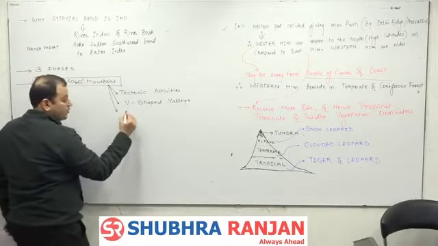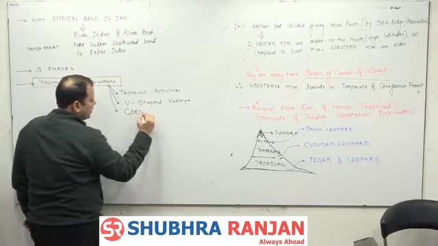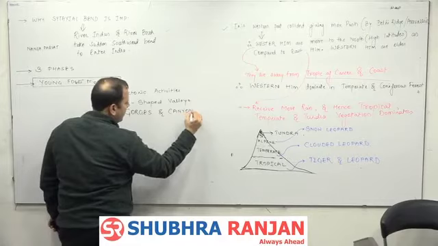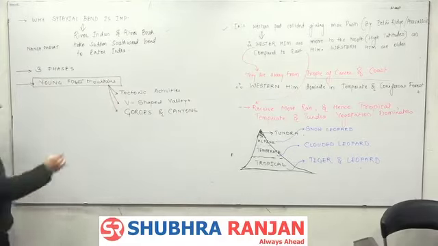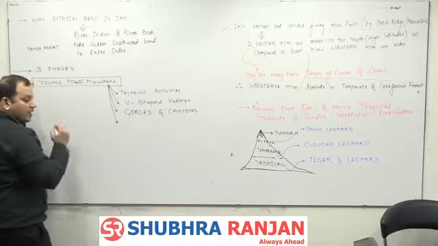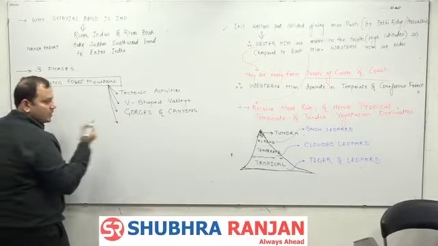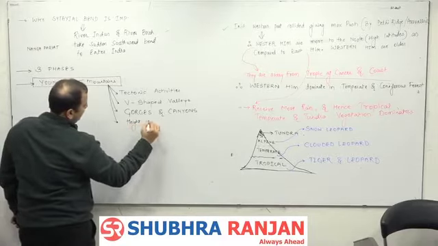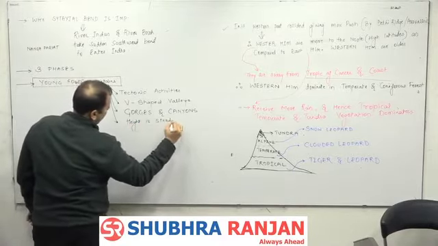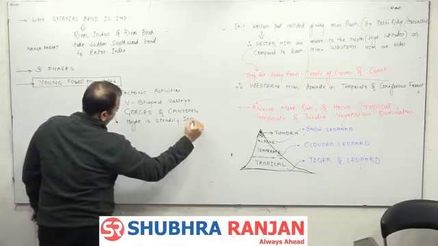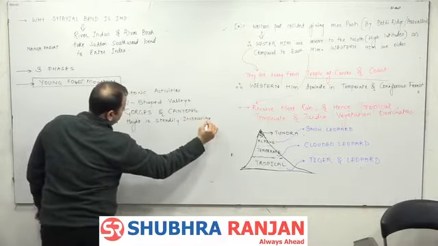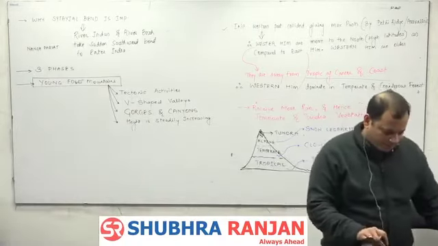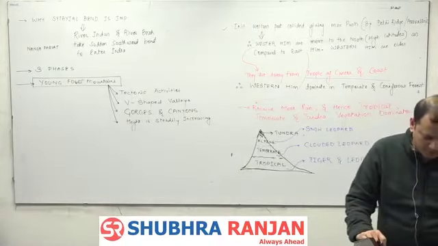The presence of these V-shaped valleys can be gorges or canyons. Fine? And also, because their height is steadily increasing. Fine with this?